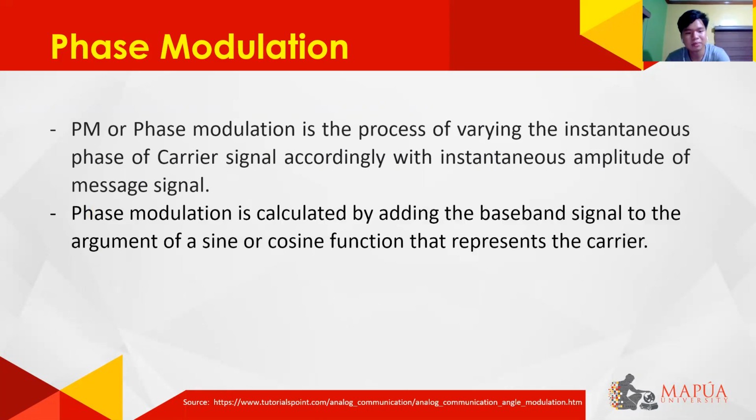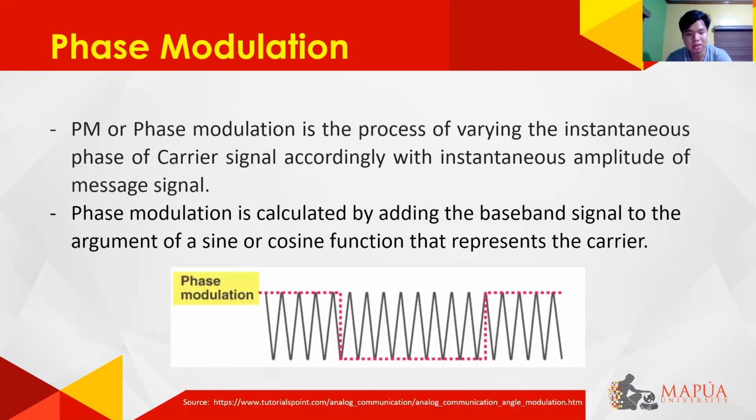Phase modulation is calculated by adding the baseband signal to the argument of a sine or cosine function that represents the carrier. As you can see, we have here the voice phase modulation, and this is the same picture as the earlier slides.